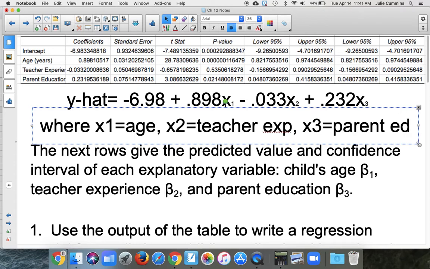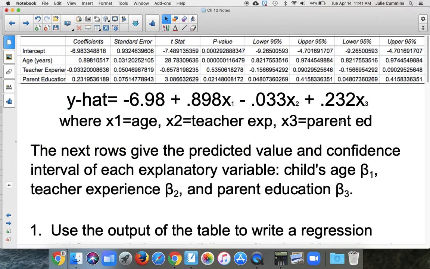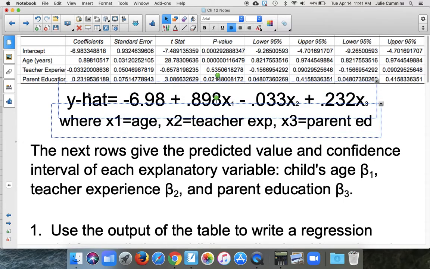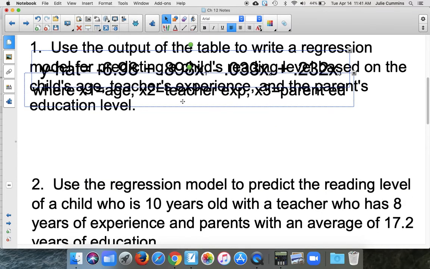So you have to include that. We need to explain what x1, x2, and x3 are. But that would be the answer. Here, we'll copy this and put it down where it actually belongs. There. Okay.